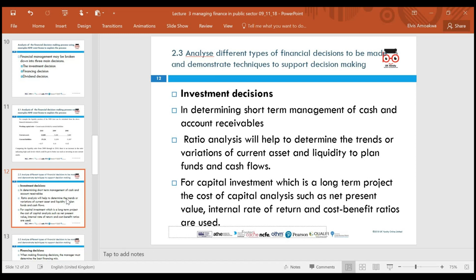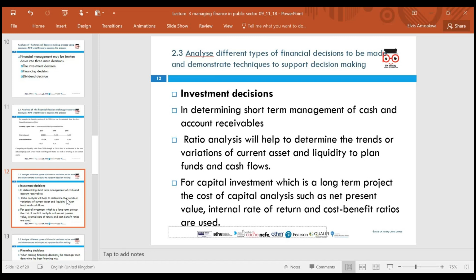And to do that, ratio analysis is one of the things that will help to determine the trend or variation of current assets and liquidity to plan funds and cash flow, as I've just shown in the previous slide. So for capital investment, which is a long-term project, the cost of capital analysis, such as the net present value, internal rate of return, and cost-benefit ratio, will be used for investment decision, right?